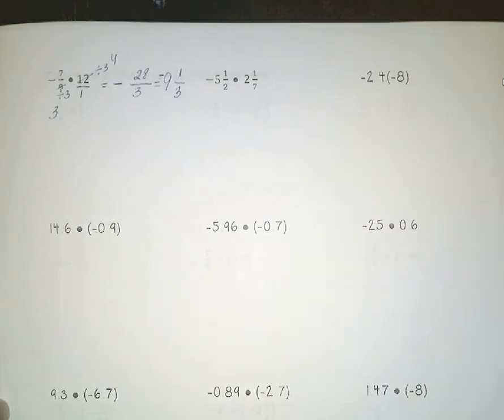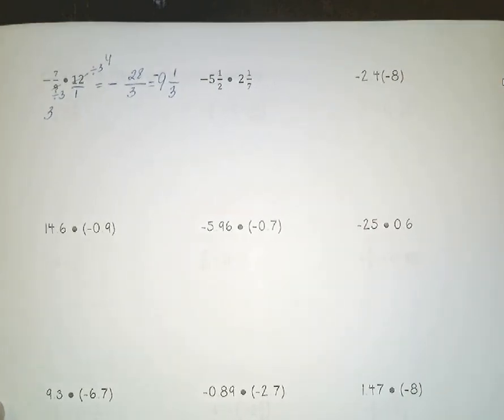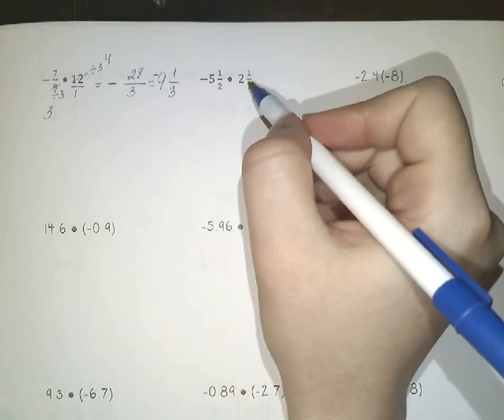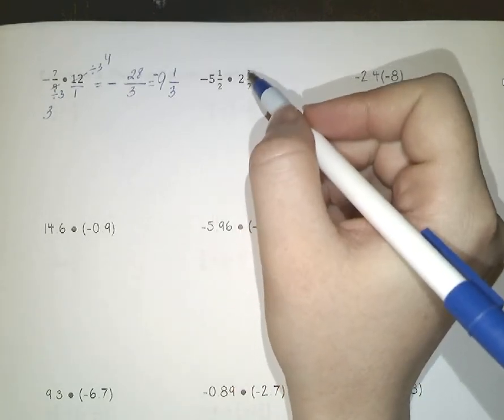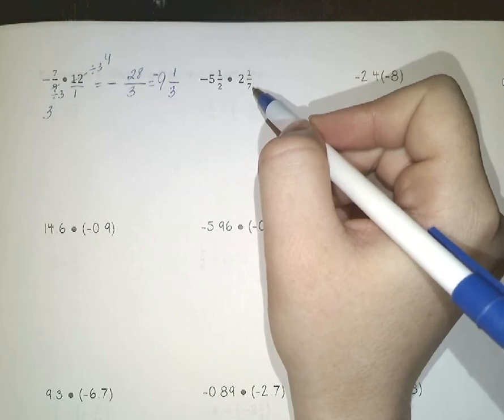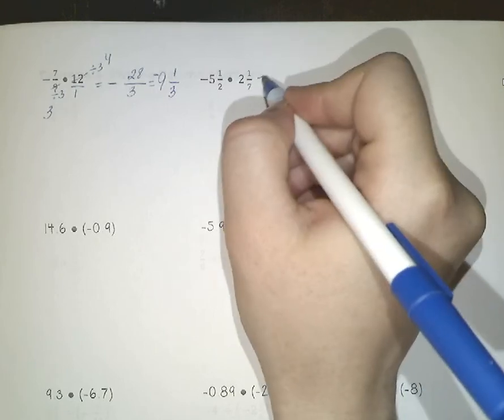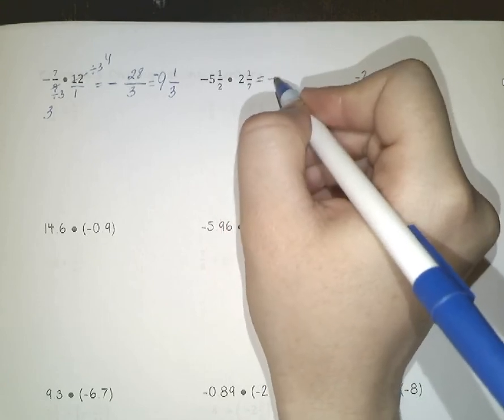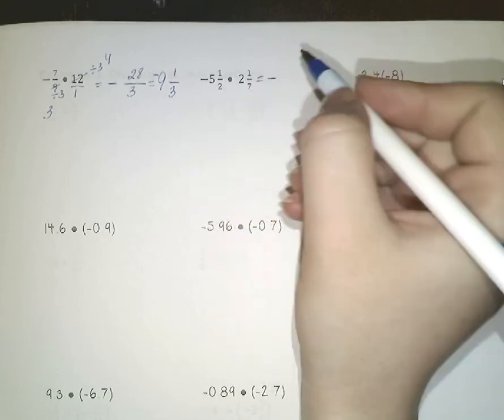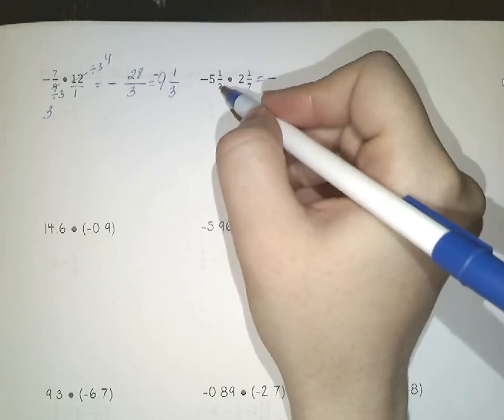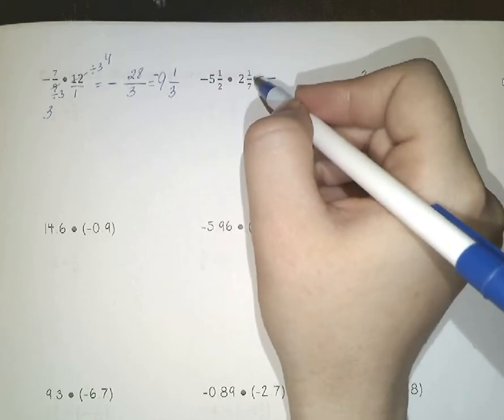All right. I just looked at this one, and let me do it for you as well. Since both numbers are mixed numbers, you haven't seen that one yet. My answer is going to be negative because I'm multiplying different signs. What I want to do is change my mixed numbers into improper fractions, both of them.